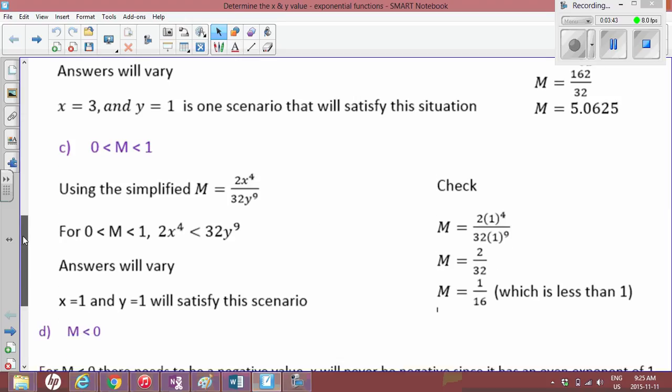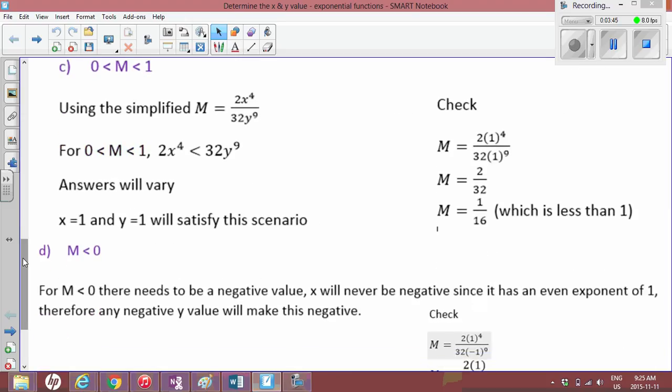And the last scenario is less than 0. So this means you want negatives. In order to get a negative, you need to have a negative in the values. x will never be negative because if you look at the question, it's got a positive exponent. So the numerator will always be positive. So you can only mess with the y.